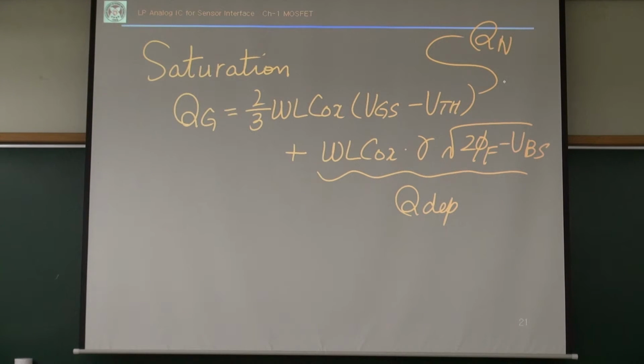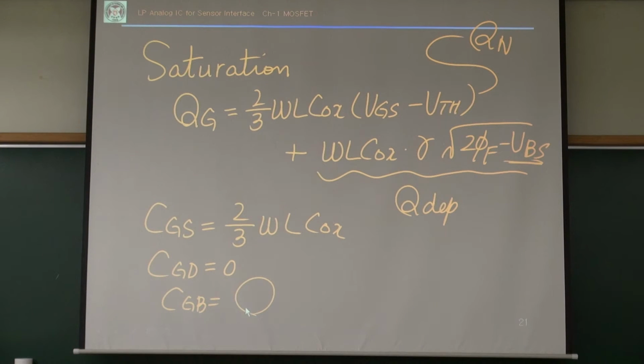Okay. So here, see, your CGS is 2/3 WLCOX, right? CGD equals 0. Yeah, CGB will be something like that here. Actually, there is some overlap capacitance component.